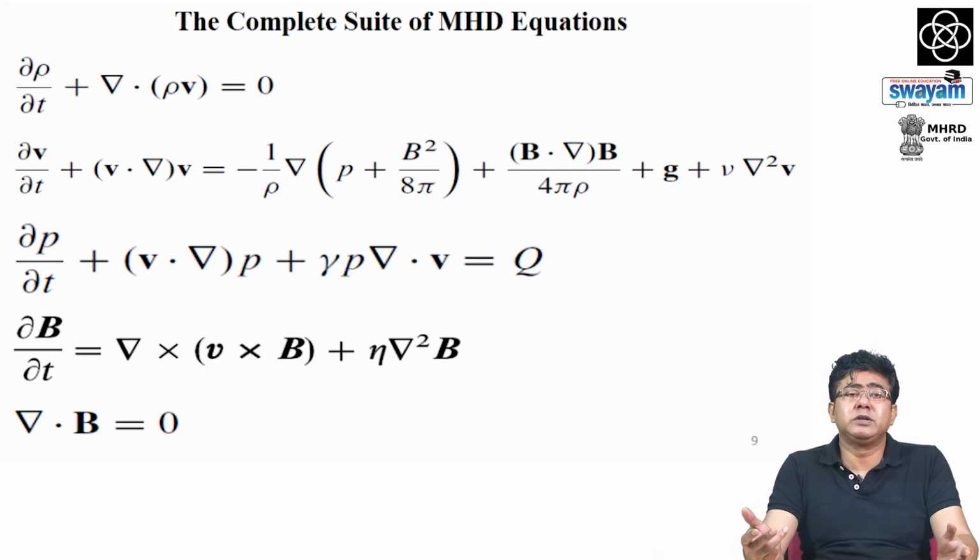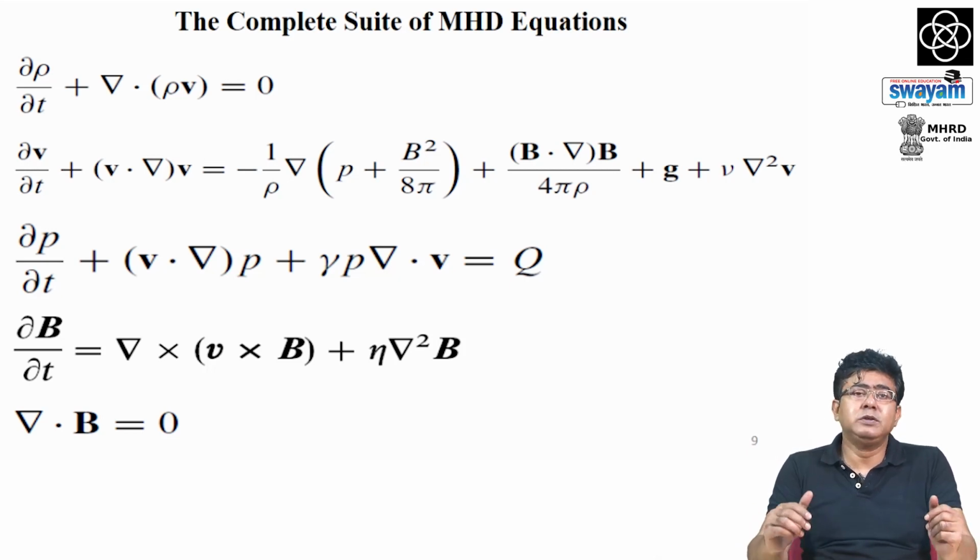The first one is the continuity equation, followed by the Navier-Stokes equation in its full form with the magnetic pressure and magnetic forces present. Subsequently, the energy equation which quantifies energy conservation, and the magnetic induction equation, which is the most important equation in MHD, and of course, this is all valid along with the condition divergence of B is equal to 0.